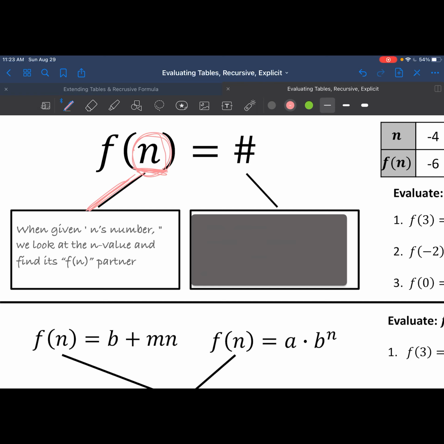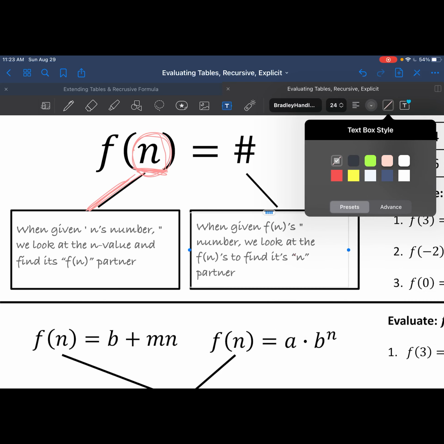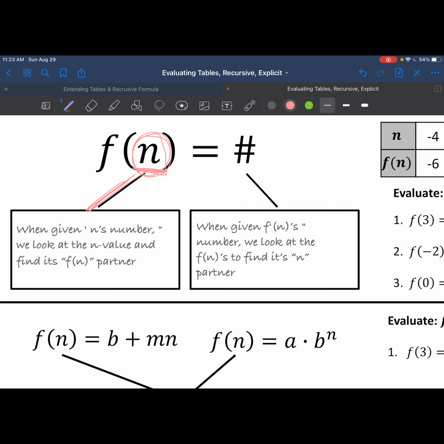Next up we have, when given f of n's number, we look at the f of n's to find the n partner. So if we're given just the number, not that it just says f of n equals some number, then we have to figure out what our n value is.